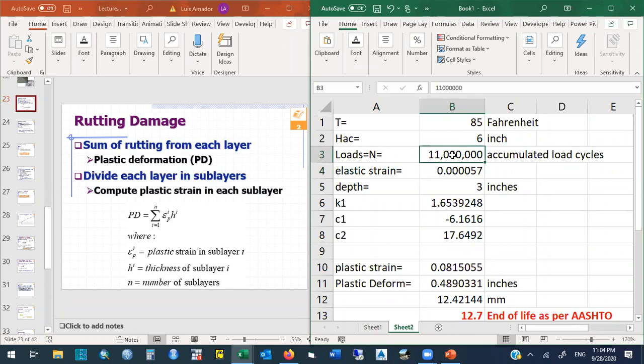Yes, these 11 million loads are accumulated through time. Which time? What is the duration of time? It's a year, I don't know, 10 years. You need to calculate how many of these you have per year.